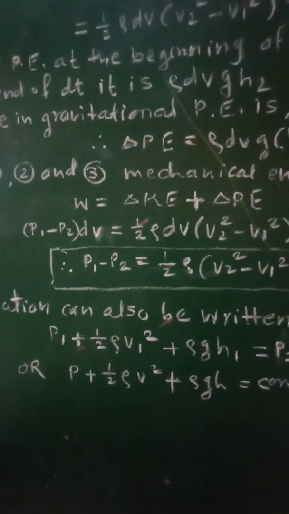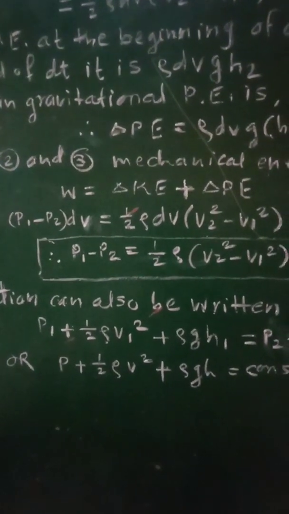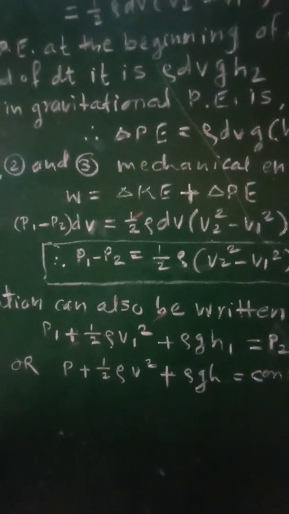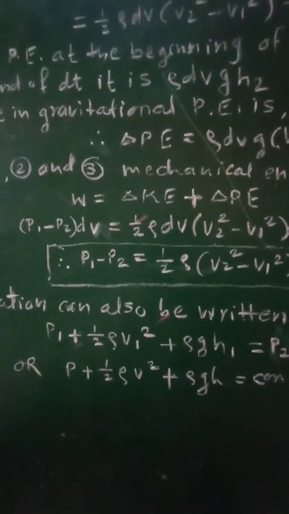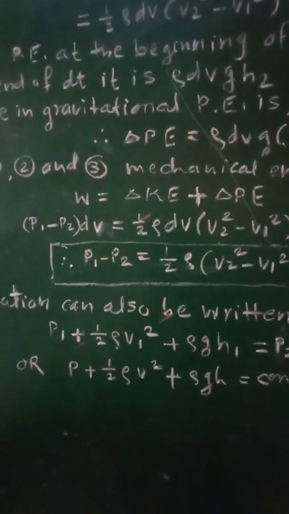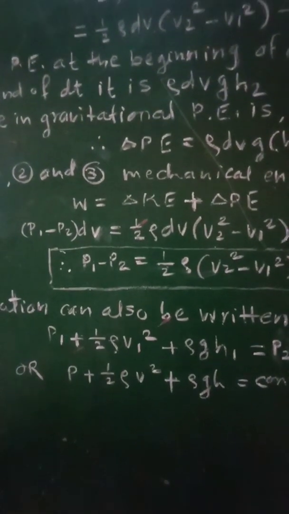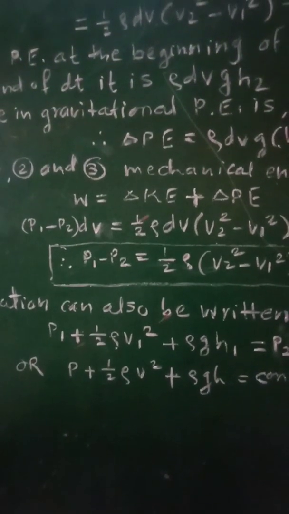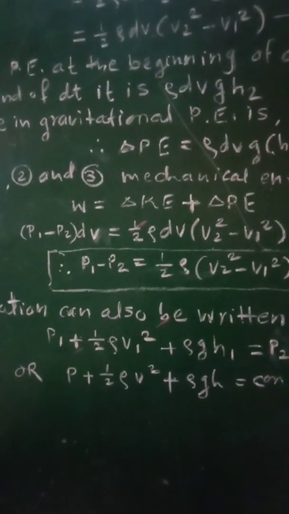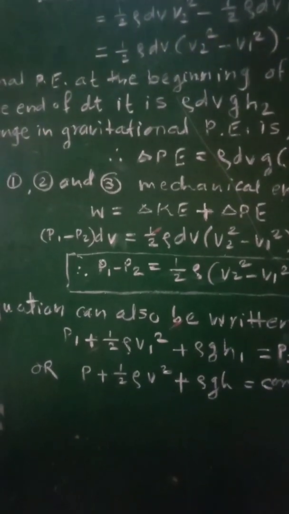So, to revise Bernoulli's principle again, it states that the work done per unit volume of a fluid by the surrounding fluid is equal to the sum of the changes in kinetic and potential energies per unit volume that occurs during the flow of that fluid.